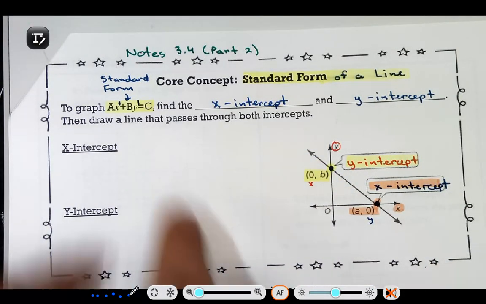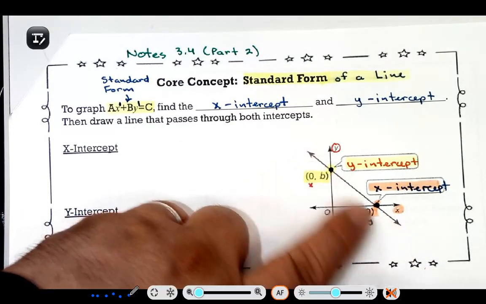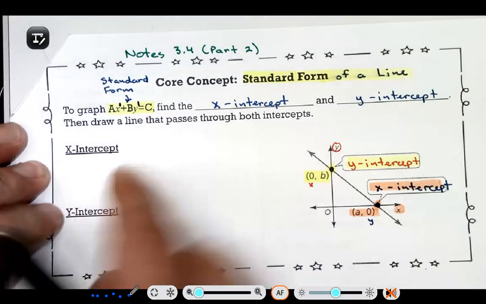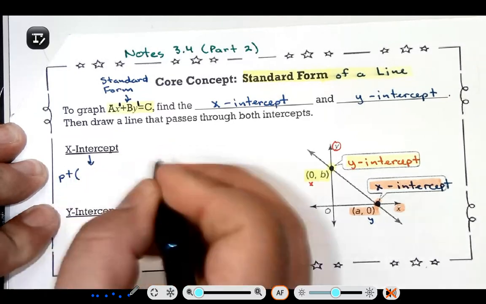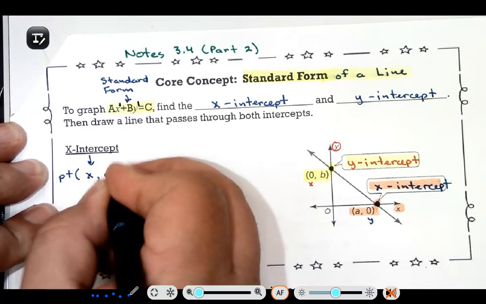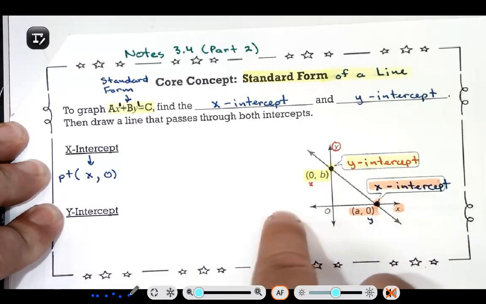So again, when we have something in standard form, using intercepts is the easiest way to draw a line. All we have to do is find the intercepts. For an x-intercept, I'm going to have an x, some number, but your y has to be a 0. That's the only way to remain on the x-axis.